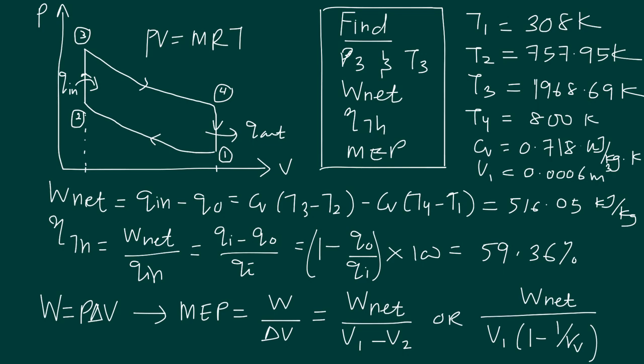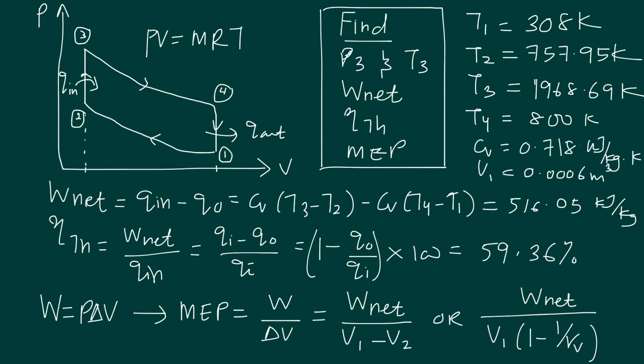But in this example, your V1 is already given in cubic centimeters, so we change it into cubic meters. So it's going to give you 0.0006 cubic meters, right? So there's no problem if you use this equation directly. You already have been given your V1, your rV is already given, and you already found your work net here. So you just substitute all the values into these equations.